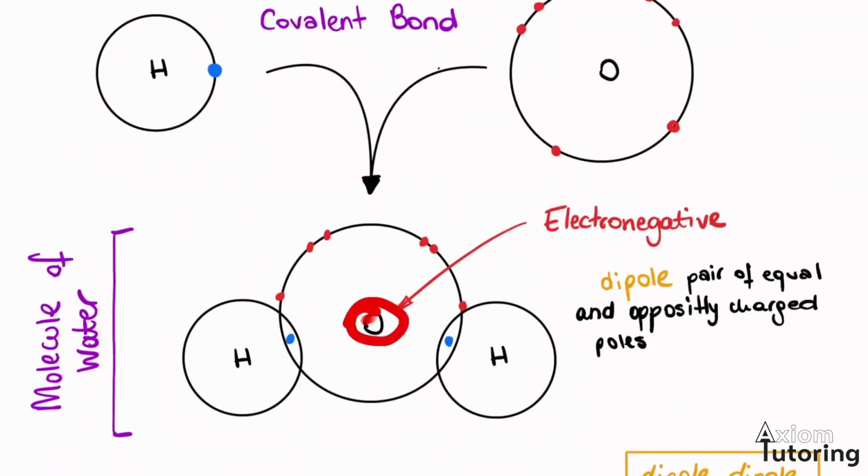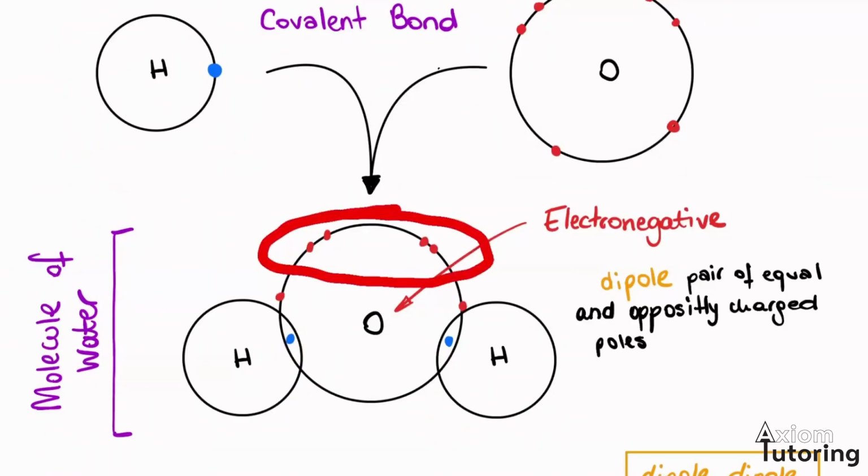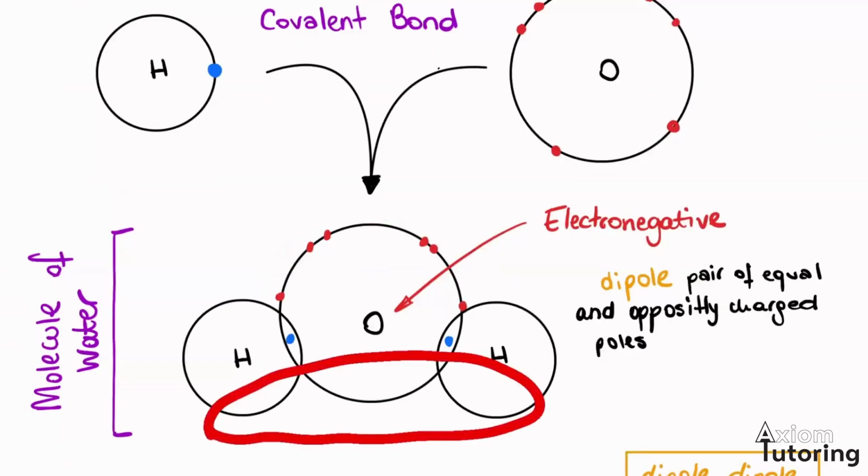But because oxygen is electronegative, the hydrogen electrons are being pulled towards the oxygen, which means that electrons will now spend more time on this side of the molecule rather than on this side of the molecule.